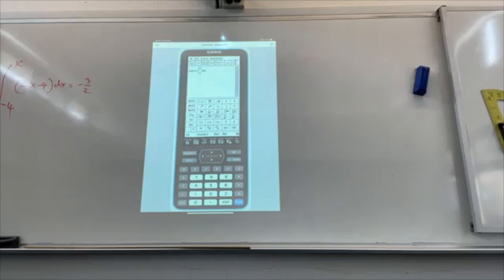So, minus 4 to, let's say, y. And this is minus x minus 4 dx equals to minus 3 over 2. Why is it doing that to me?